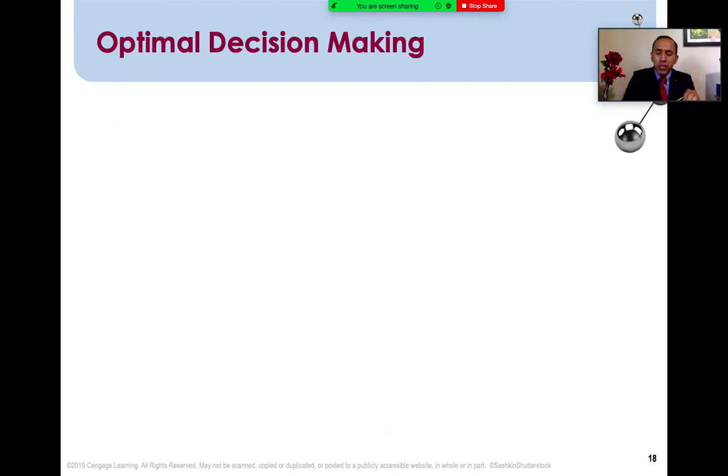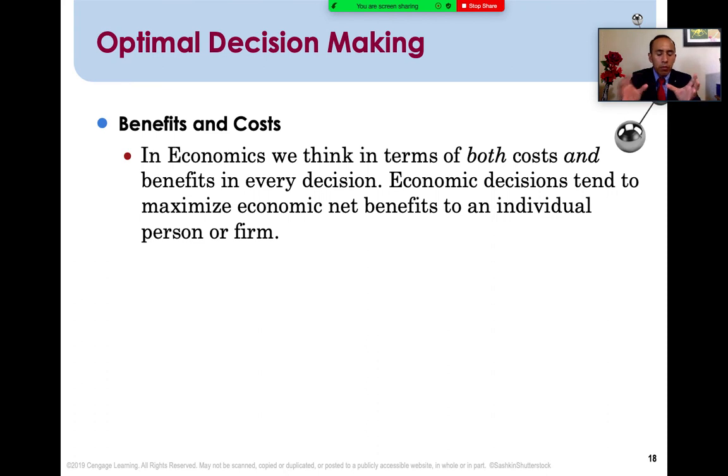And when we make decisions in economic analysis, our decisions have to be optimal and precise. And we tend to think of benefits and costs in decision making when it comes to economics. So in economics, we think of both the costs and the benefits. It's highly analytical. It's neither one side or the other.